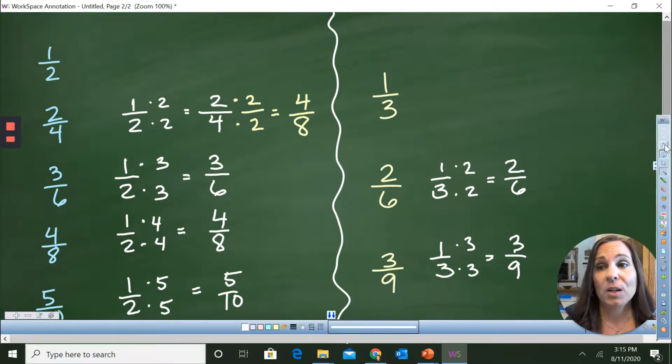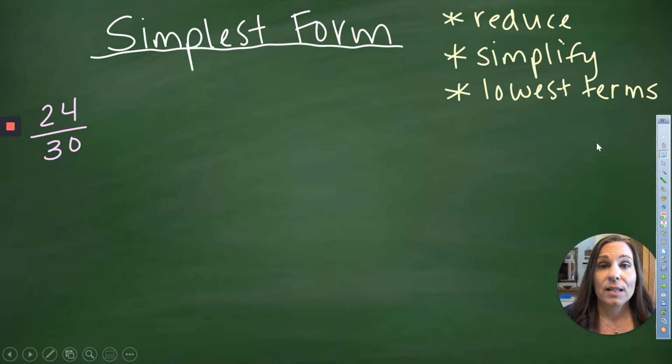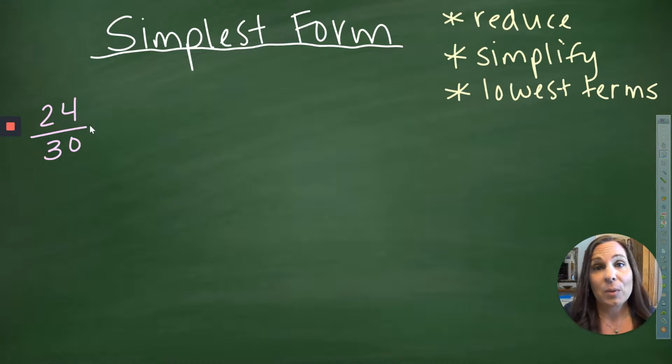Another way that we can get equivalent fractions is by writing something in simplest form. So sometimes we have a fraction that has already had the top and bottom multiplied by something, and we want to go back, sort of like if we were going back from 5/10 to 1/2.